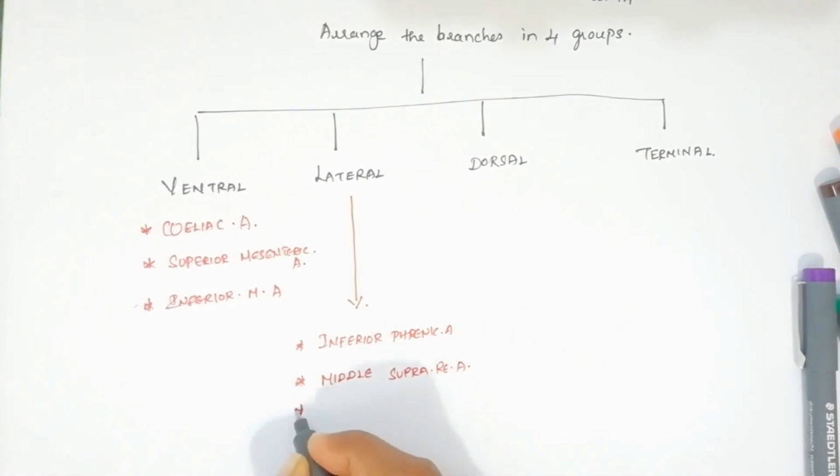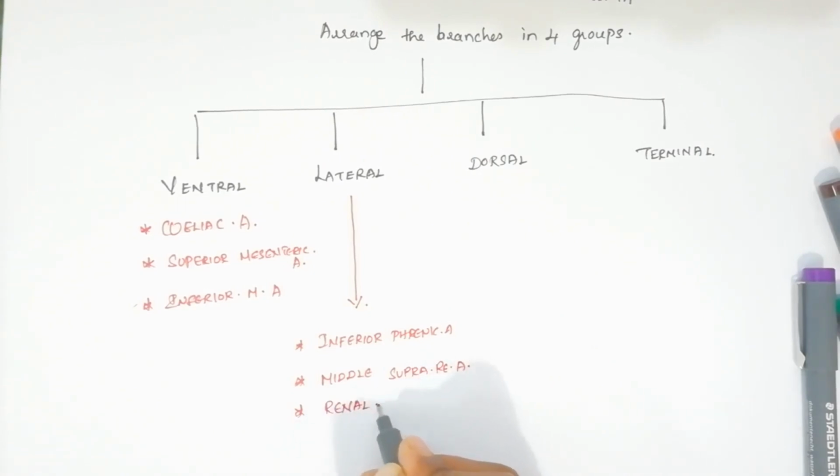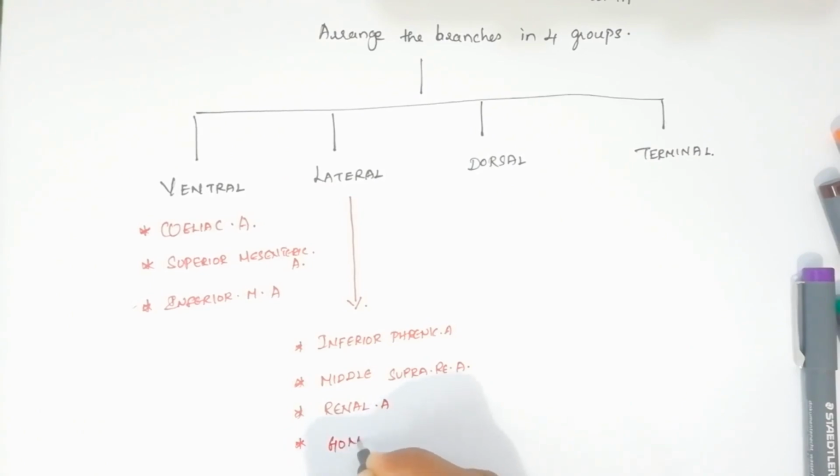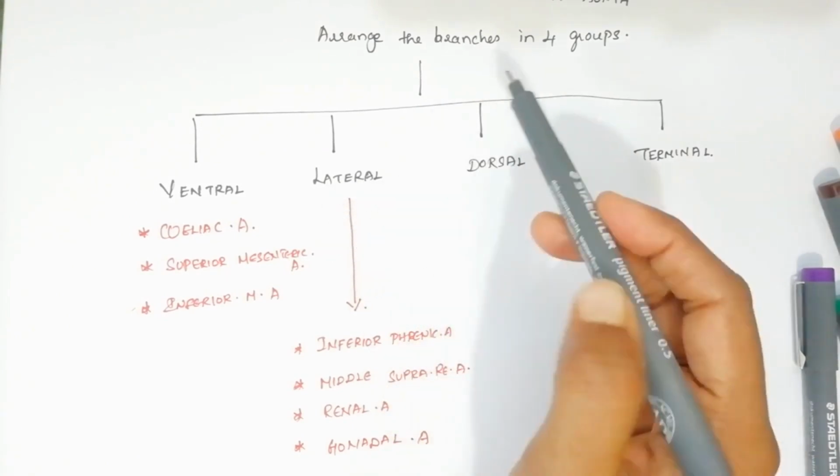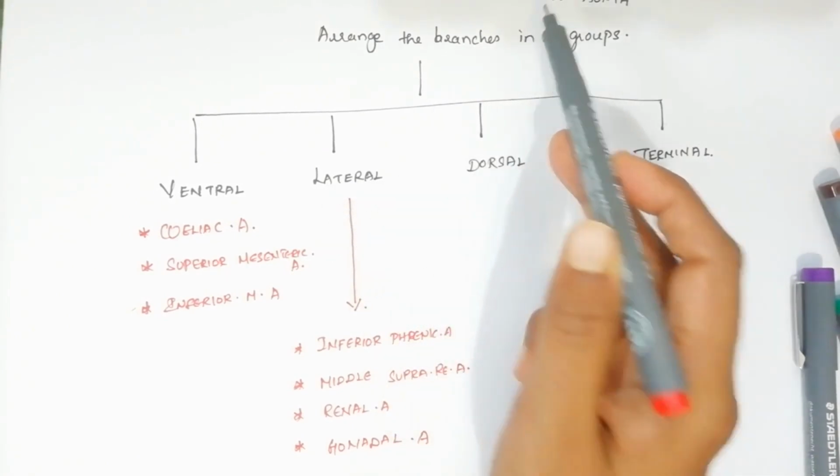The third branch is the renal artery, which is for the kidney, and one more branch supplies the gonads, which we call the gonadal artery. These are the four branches coming from the lateral aspect of the abdominal aorta.